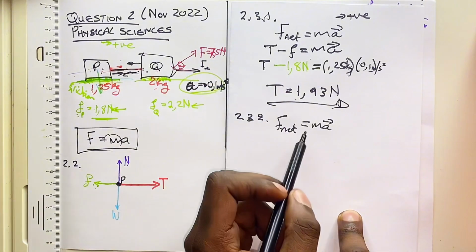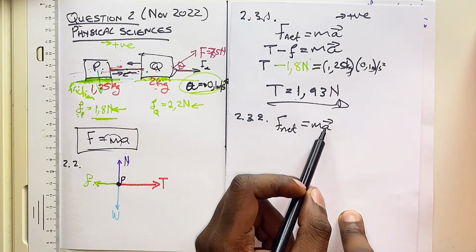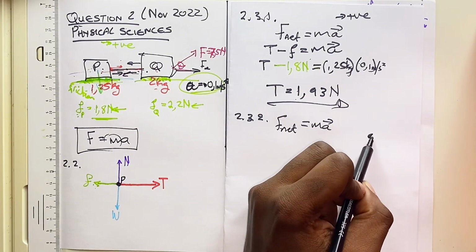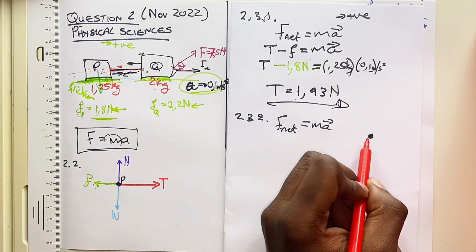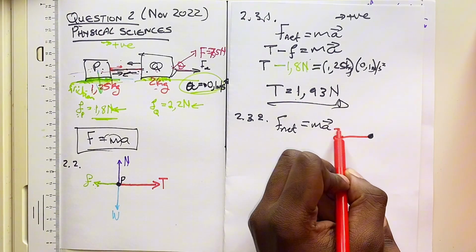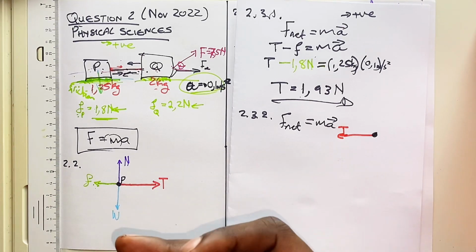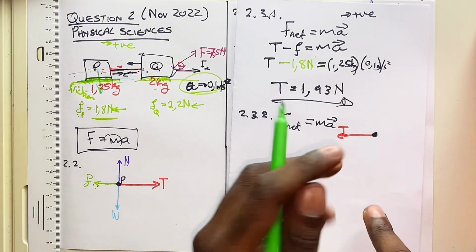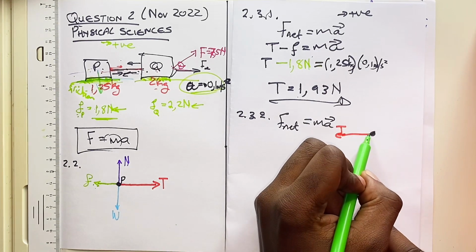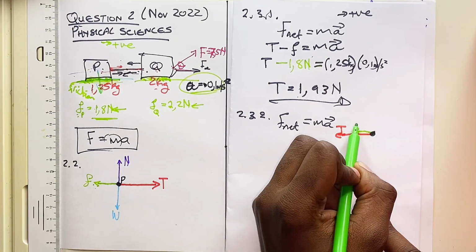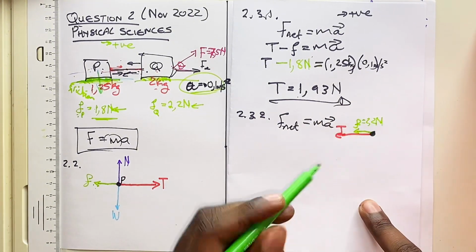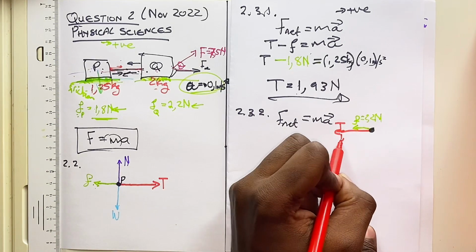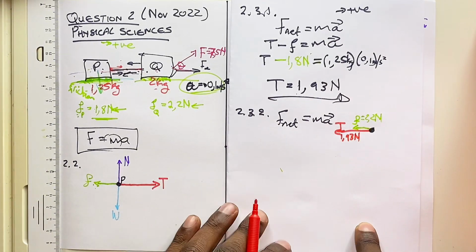By taking Newton's second law, F net equal to ma, but now focusing on the forces that act on Q. The first force is the same tension that acts on P, so it will experience some tension T. Also, they told us that it experienced some friction of 2.2 newtons because of the rough surface, and a tension of 1.93 newtons.